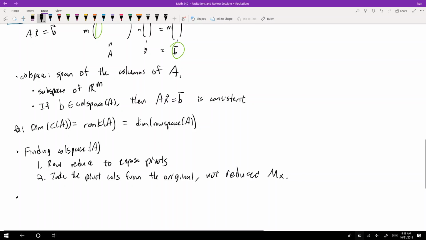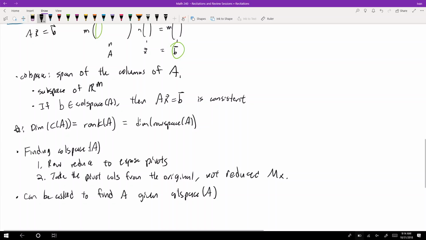All right, and you may be asked to go backwards. So you can be asked to find A given the column space of A. I mean, for any of these problems, you may be asked to go backwards, like change of basis, right?